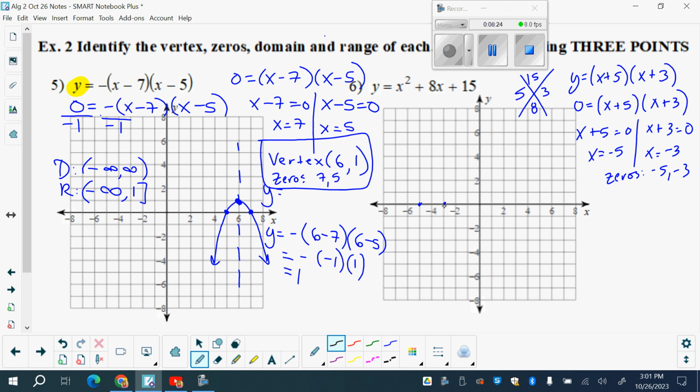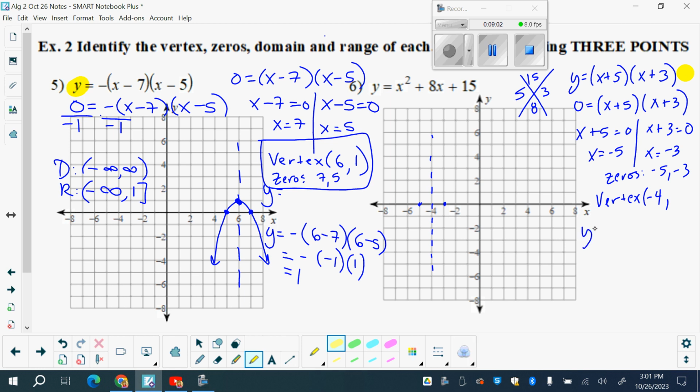-5, -3. Where is the vertex located in relationship to that? That's right in the middle, straight through the middle. So we draw our axis of symmetry. We know the vertex has an x value of -4. So in our equation, here I think is the easier one to use, this here. But it doesn't matter, you can use any of them.